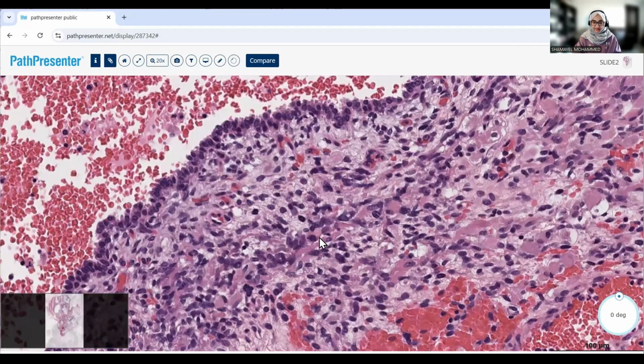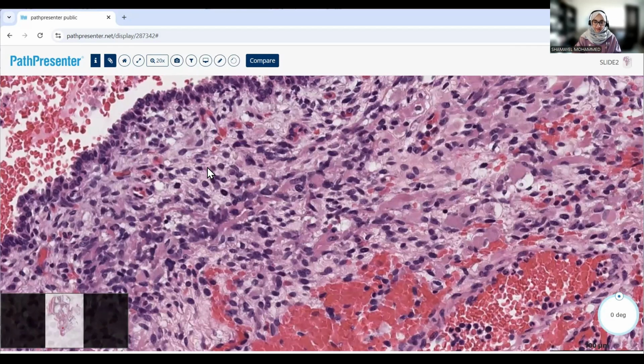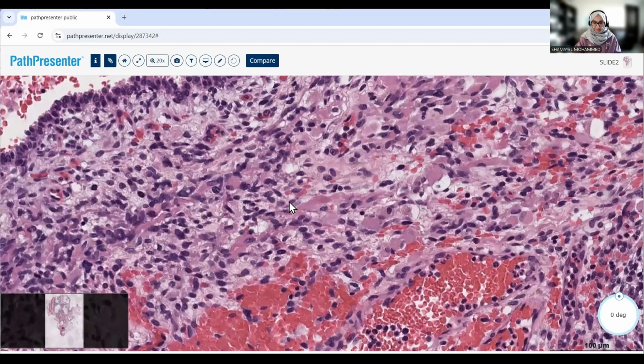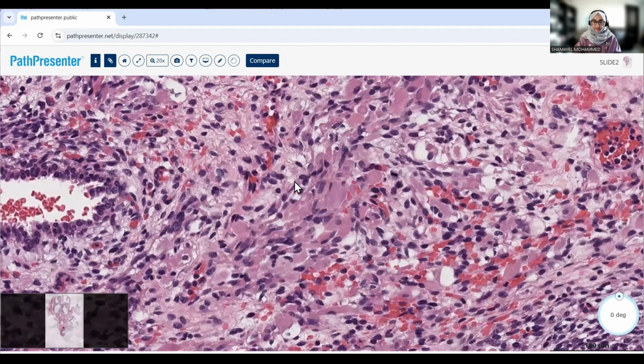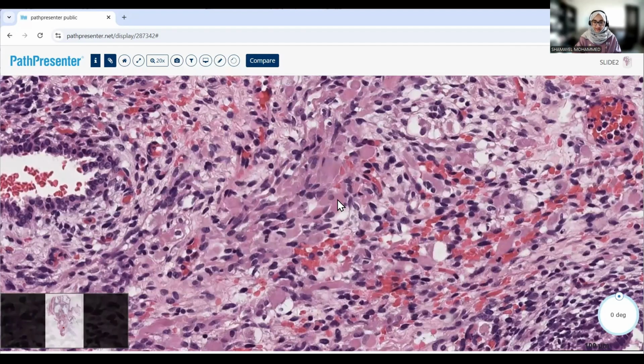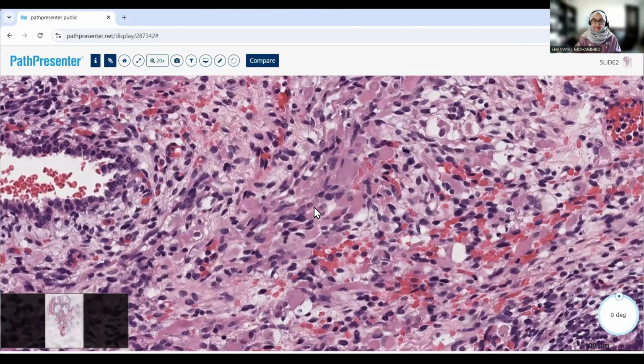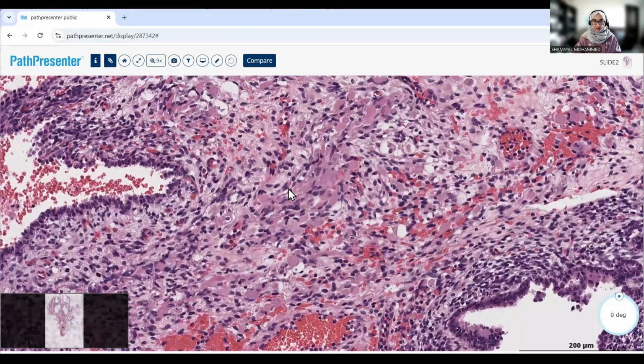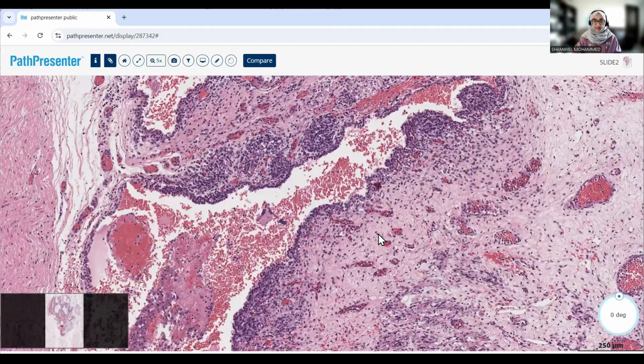In other areas, as you can see here, you have the myxoid stroma with the spindle cells, but you have other spindle cells with eosinophilic tail and striation to them. Some areas have rhabdoid differentiation, so abundant eosinophilic cytoplasm with eccentric nuclei, and then again you can appreciate the faint striation to those cells.